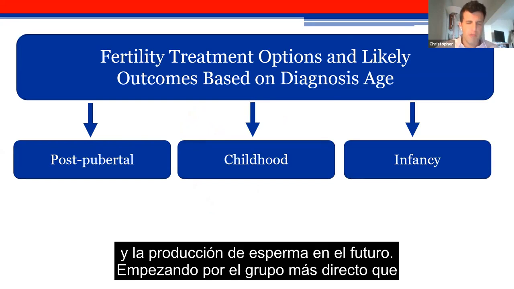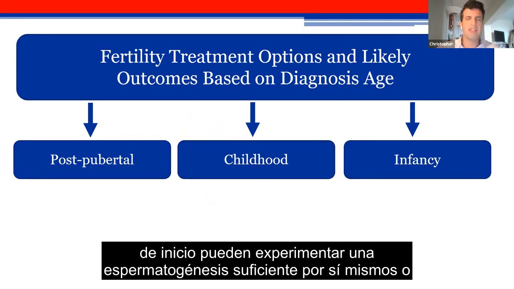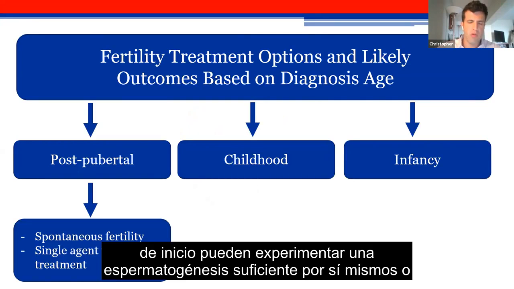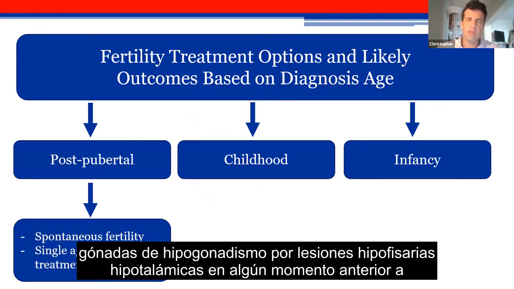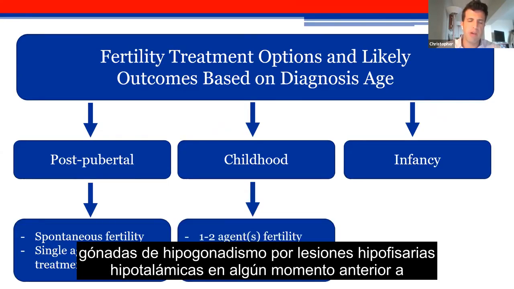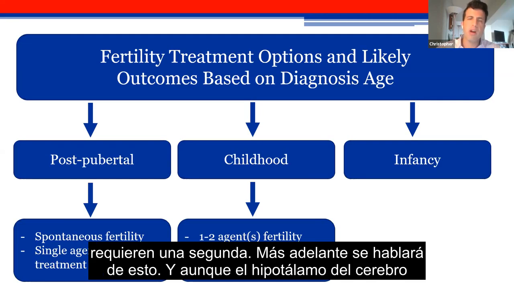Starting with the more straightforward group here that I've talked about on the left, men with hypogonadotropic hypogonadism of postpubertal onset can typically experience sufficient enough spermatogenesis either on their own or with a single fertility treatment agent. Children who develop hypogonadotropic hypogonadism from pituitary hypothalamic lesions sometime prior to puberty will certainly need a single agent fertility treatment and often will require a second one.